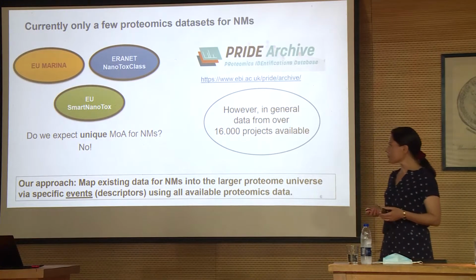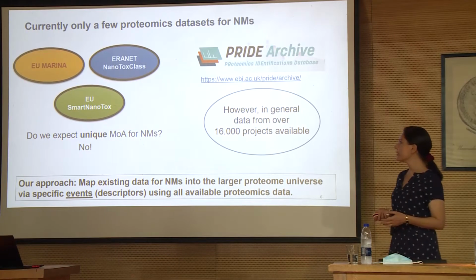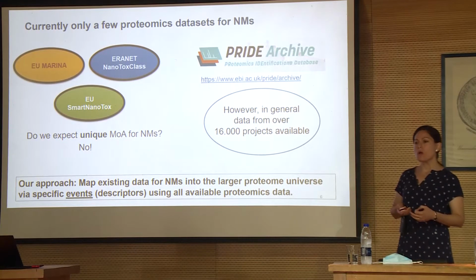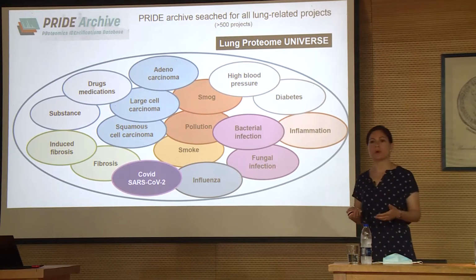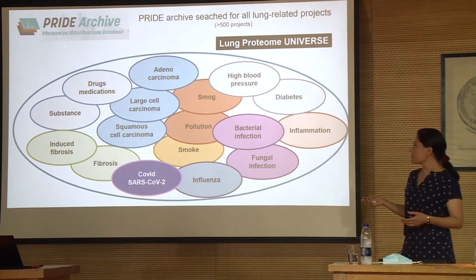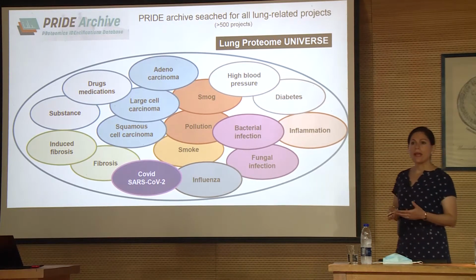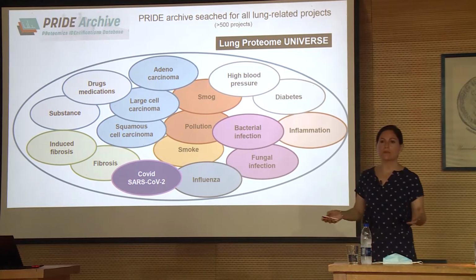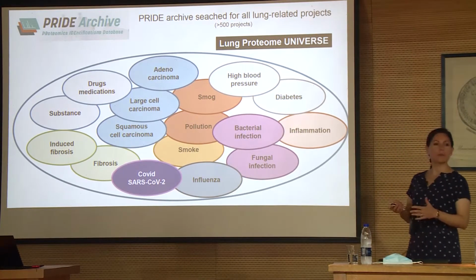That's why we decided to go to the PRIDE Archive, a proteomics repository, and among these 16,000 projects, to look for those that belong to lung projects. Alterations can be disease, or substances, or COVID, fibrosis, or any of these effects that I could collect from the PRIDE Archive, we kept. And we call this the lung proteome universe.